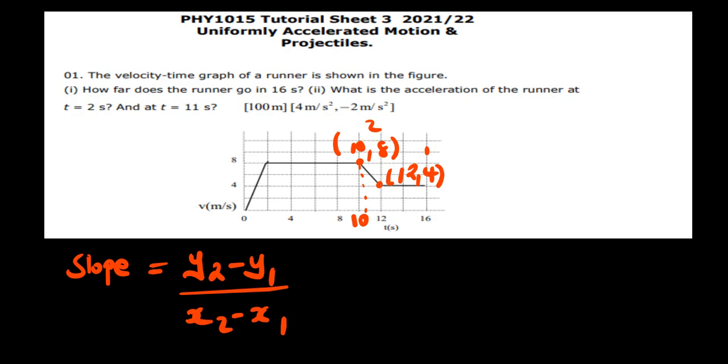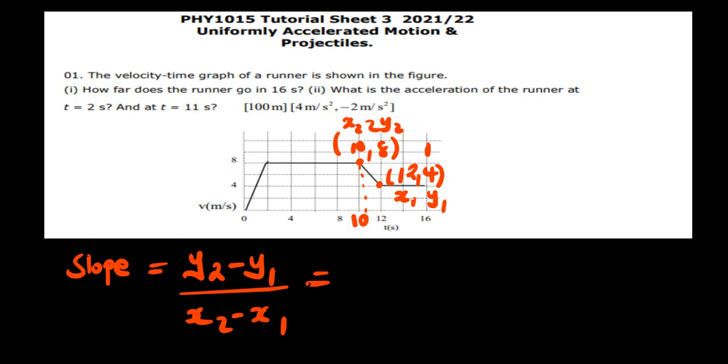Okay, so now what do we do if we are going to name those as 1 and 2? If I say this is 1 and this is 2, so this will be our x1, this will be our y1, then this will be our x2, this will be our y2.